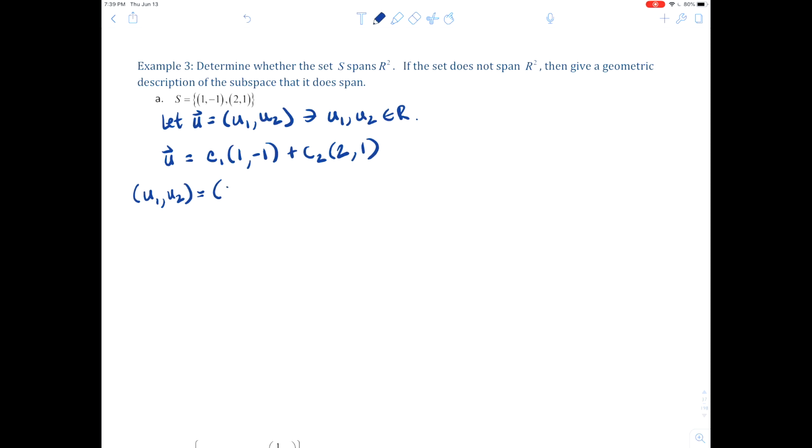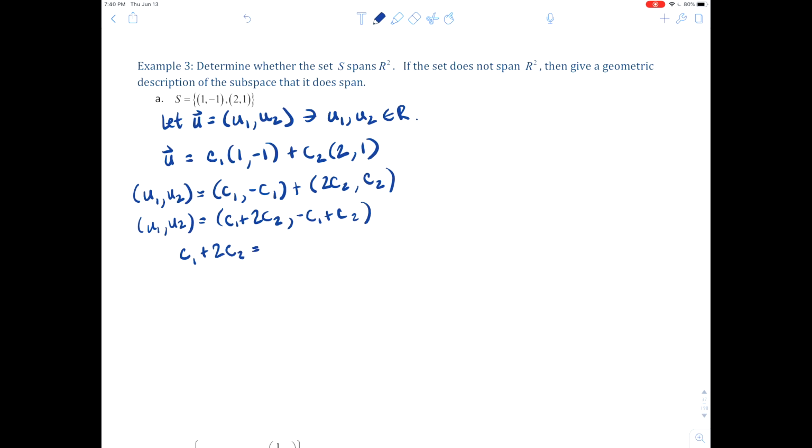We'll get C1 comma -C1 plus the vector 2C2 comma C2, making one vector: C1 plus 2C2 for the first component, and -C1 plus C2 for the second component. Equating corresponding components, we have C1 plus 2C2 equal to U1, and -C1 plus C2 equal to U2. Cool, cool.